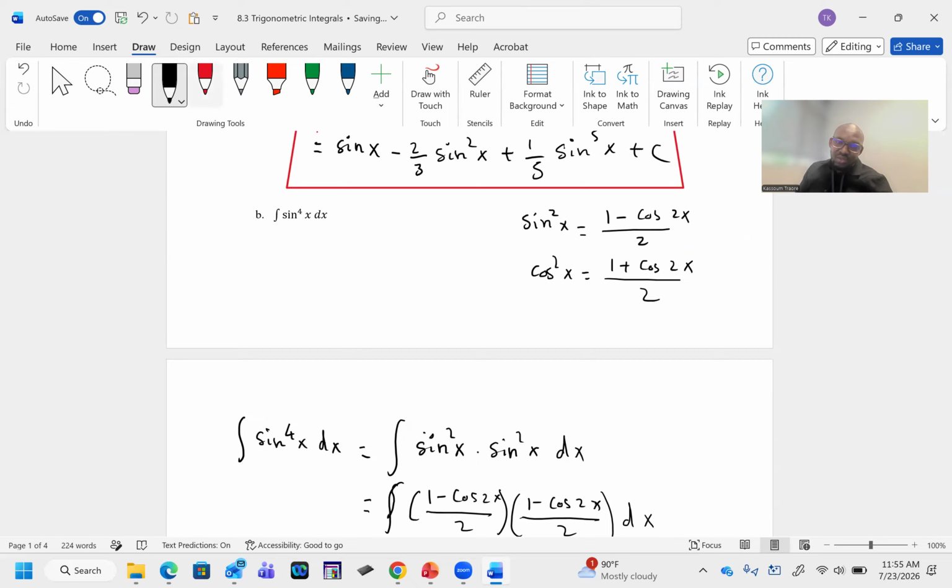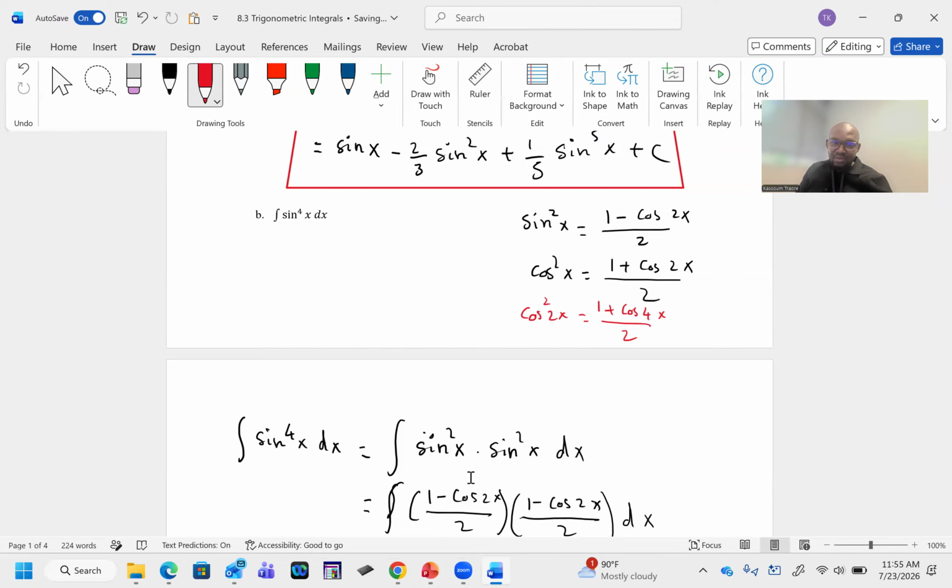If I make this 2x instead, cosine squared of 2x will be 1 plus cosine of 4x divided by 2, because 2x times 2 is 4x.